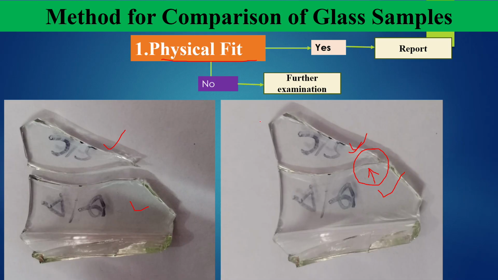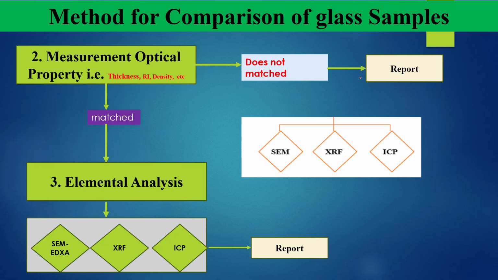If they are not a physical fit, we require further examination to compare the glass samples and form an opinion on whether they are from the same or a common source. Then we have to measure different physical and optical properties, like thickness, color, refractive index, and density.